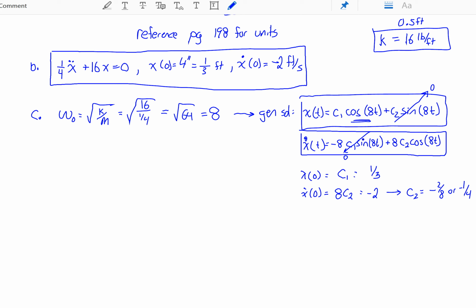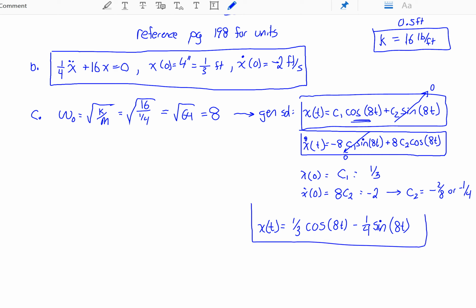Which tells us our solution to the IVP is going to be x of t equals 1/3 cosine of 8t minus 1/4 sine of 8t. This would be the equation that describes the motion of this spring as it oscillates.